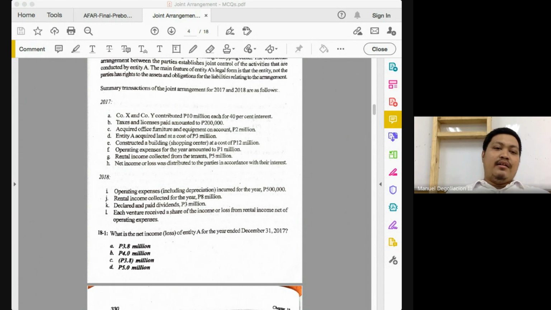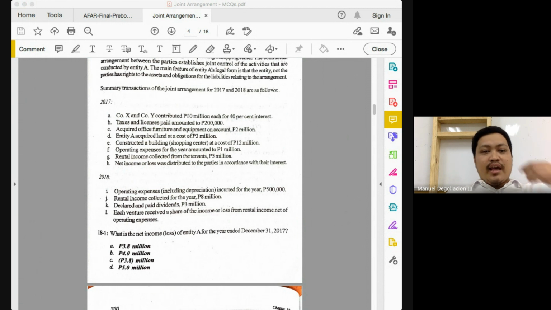Okay, these alone will not affect the computation of our net income, but always be careful, class. If you acquire a long-term depreciable asset, expect that you will have depreciation expense. But we will explain later on why we will not have a separate computation for depreciation expense in this problem.